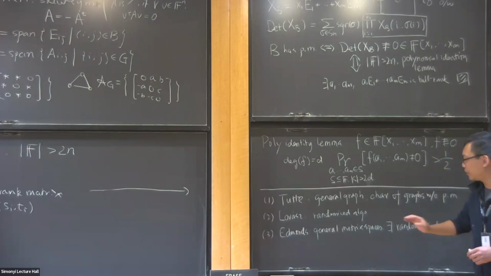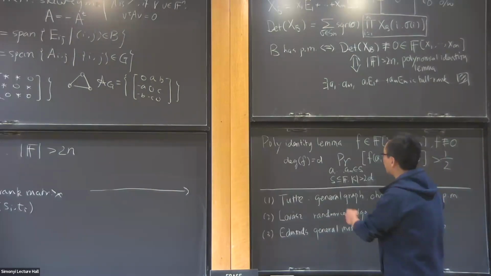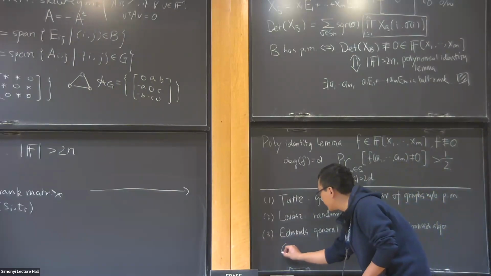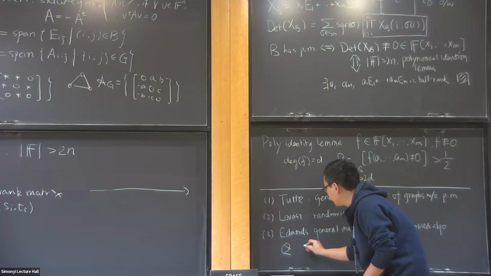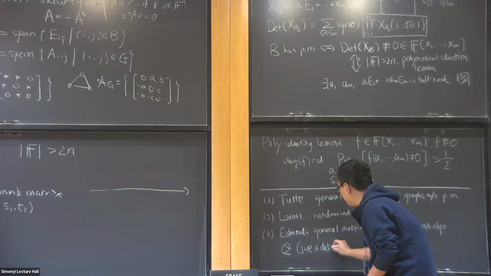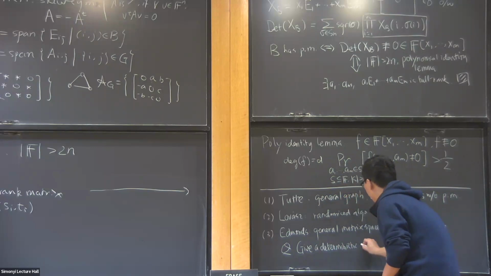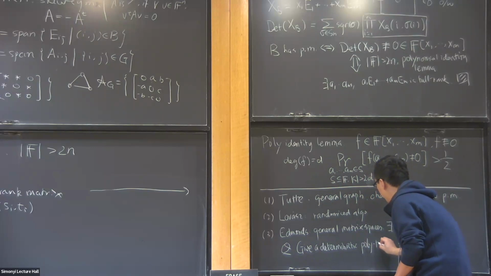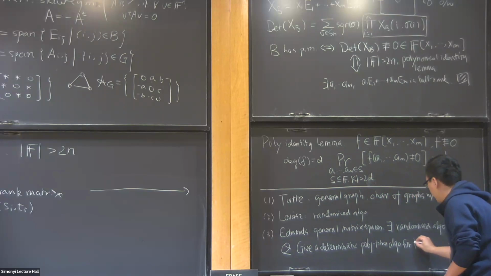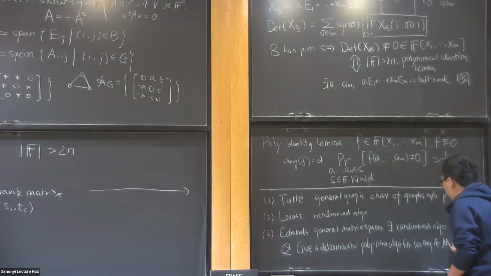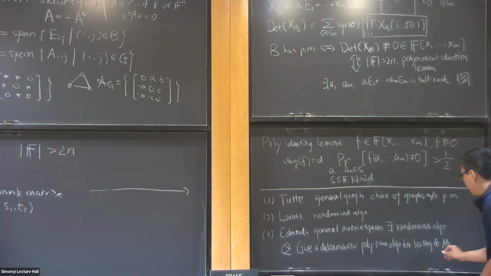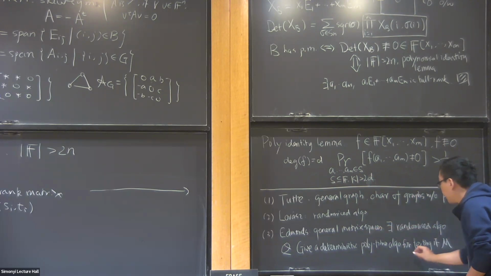So now the question is, give a deterministic polytime algorithm for testing if a general matrix space contains a full rank matrix or not.